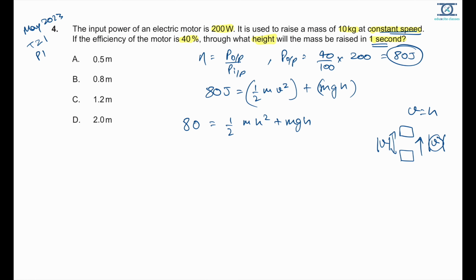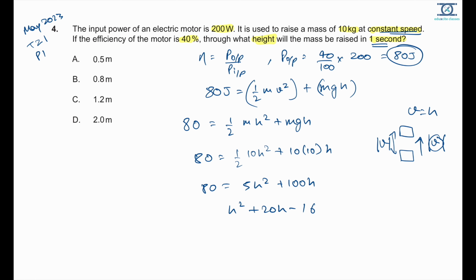Now we know the mass is 10 kg, putting up the values, half into 10 h square plus 10 into g, I am taking 10, into h. So this becomes 5 h square plus 100 h is equal to 80. Simplifying the equation, h square plus 20 h minus 16 is equal to 0.